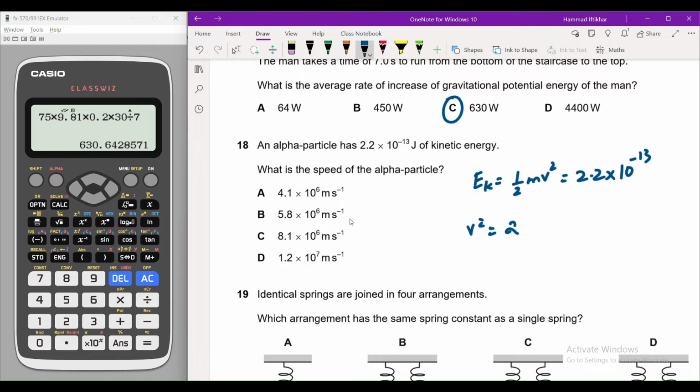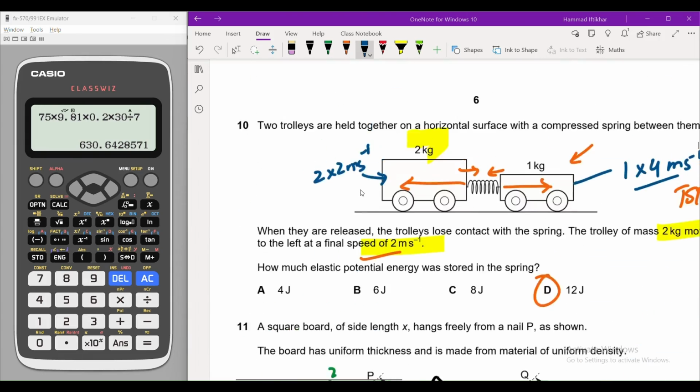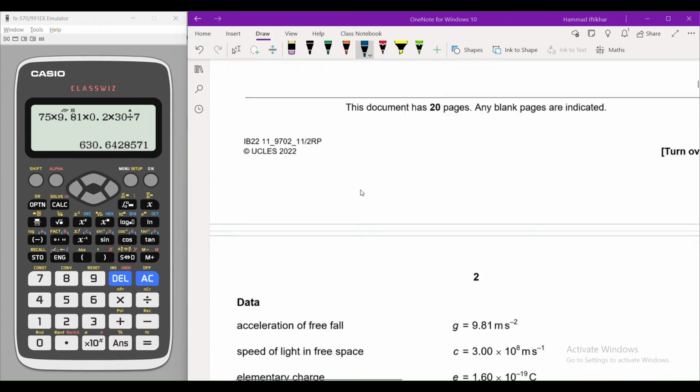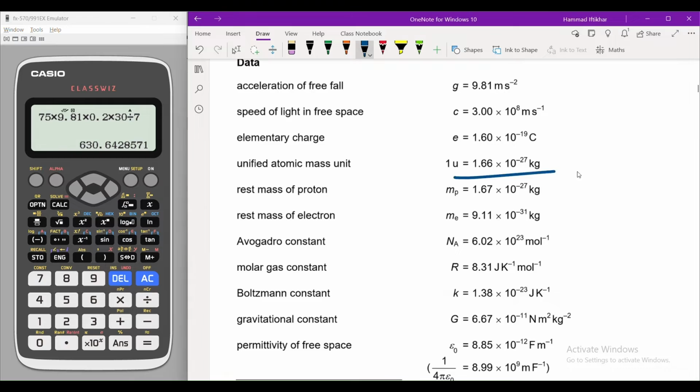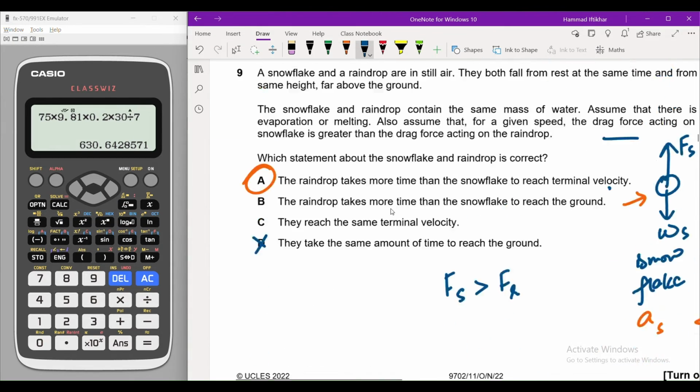So mass of an alpha particle in terms of atomic mass unit is approximately 4. So 2.2 times 10 raised to power minus 13 times 2 divided by the total mass, which is 4 times the atomic mass unit. We can go back into the data sheet and just quickly see, so you can also know where to locate that. 1 atomic mass unit, 1.66 times 10 raised to power minus 27.